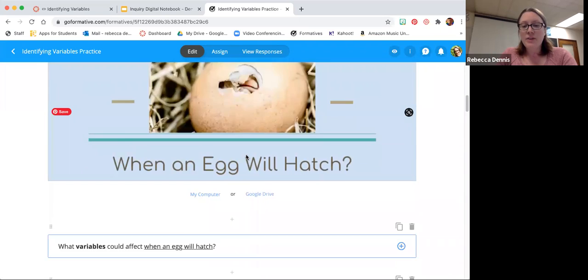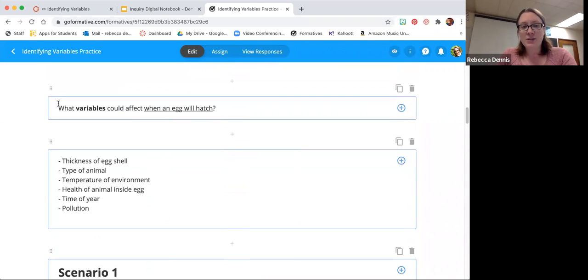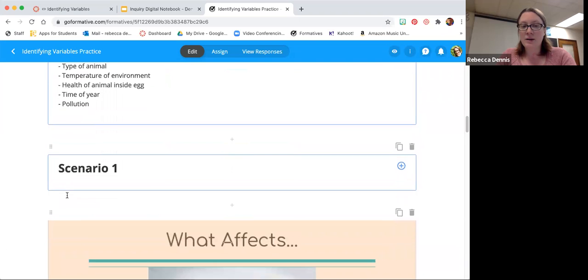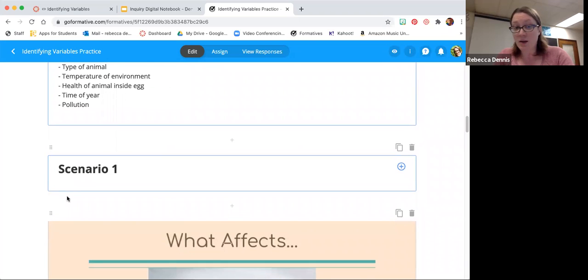We're going to think of all the things that could affect how it hatches. So what are the variables that could affect when the egg will hatch? Could be thickness of the shell, type of animal, temperature of the environment, health of the animal inside the egg, time of year, pollution in the area.